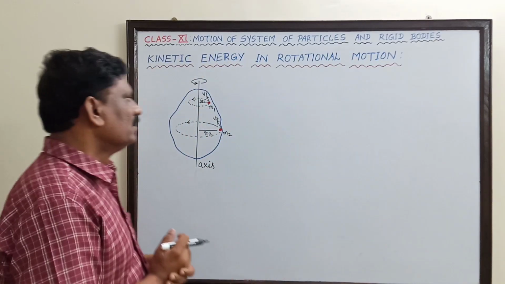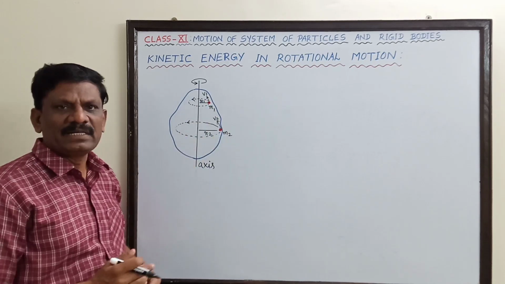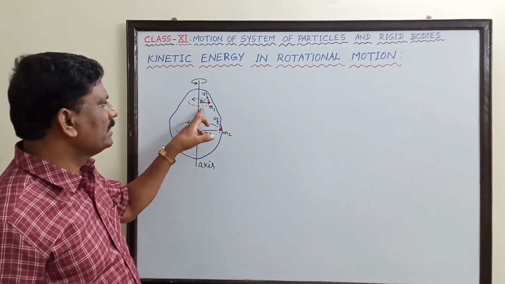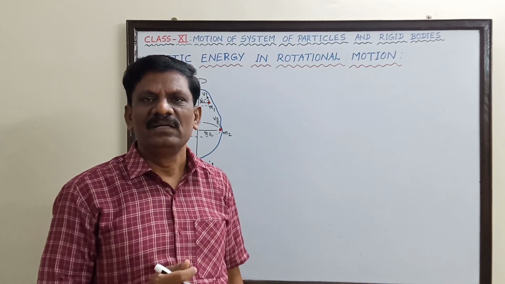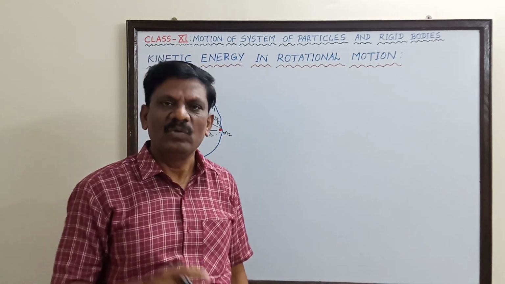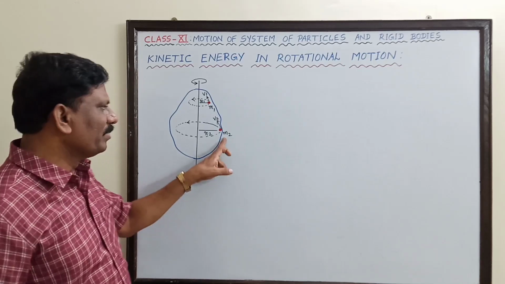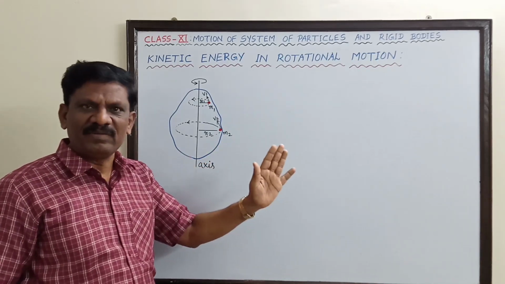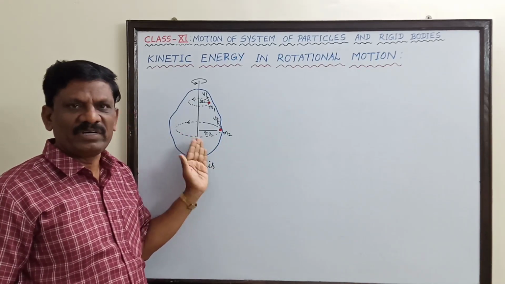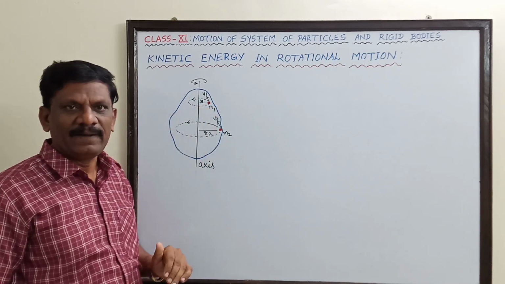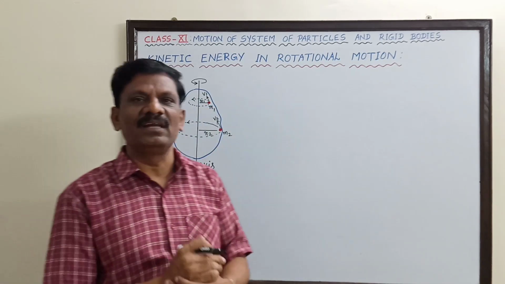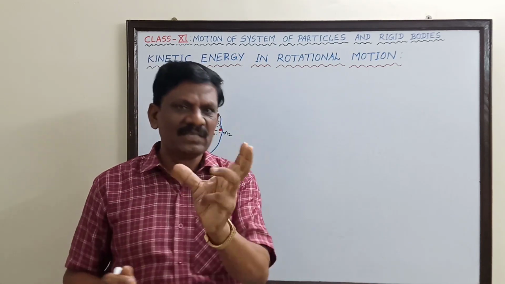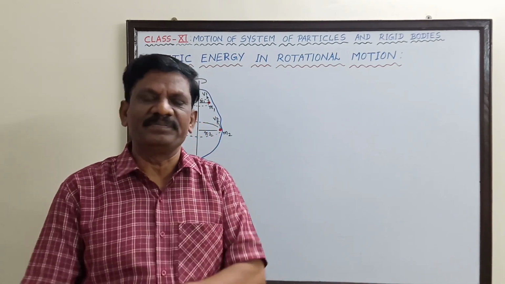Out of these two particles, one is very close to the axis, so it completes a smaller circle in the same time, while particle number 2, which is farther from the axis of rotation compared to the first particle, makes a larger circle, completing a larger circumference in the same time.